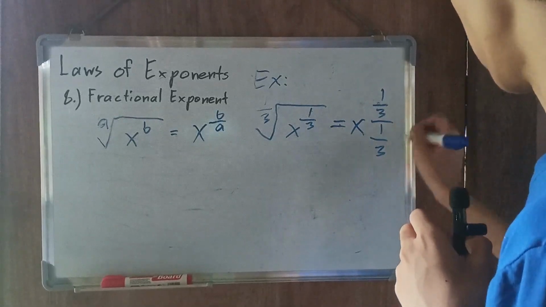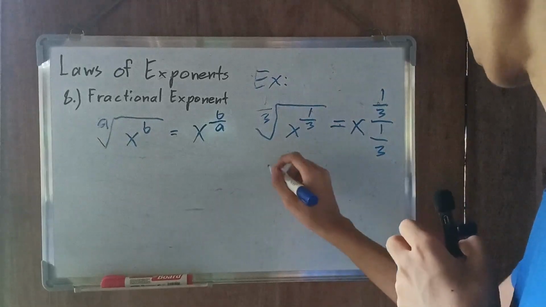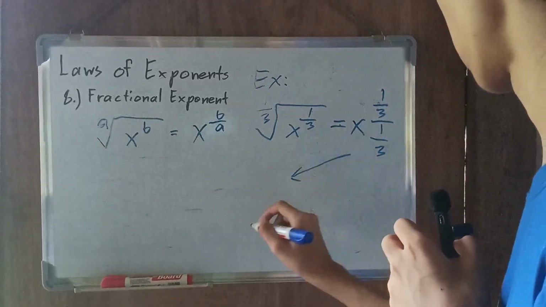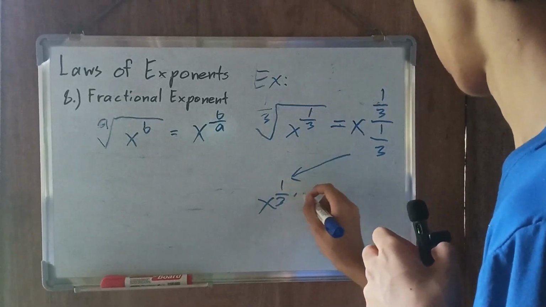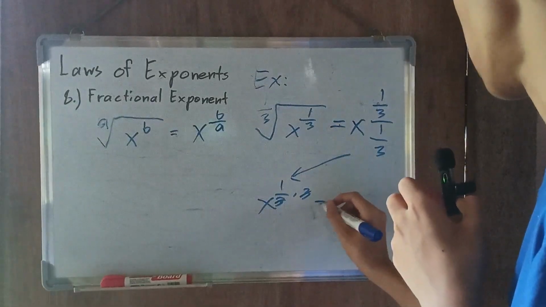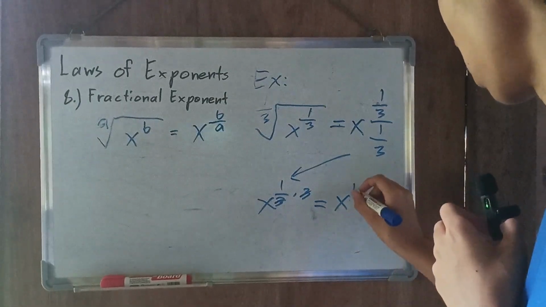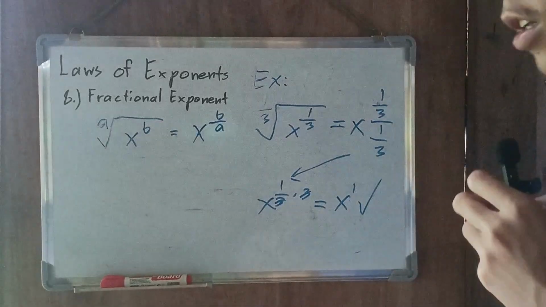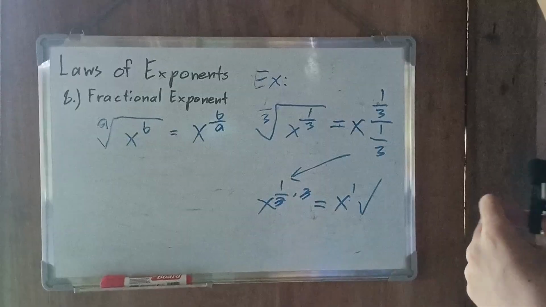Of course, this is a reciprocal, so this would be cancelled out. That means x is just the answer, or this is 1. Actually, x over 1 is equal to x, so you can do whatever you want here.